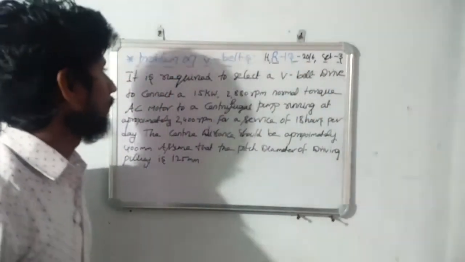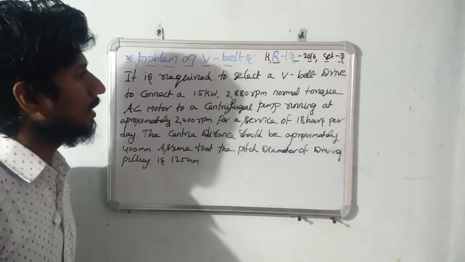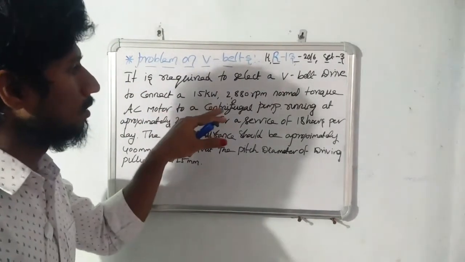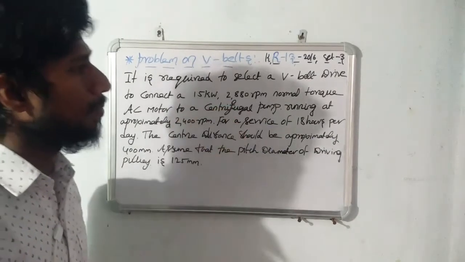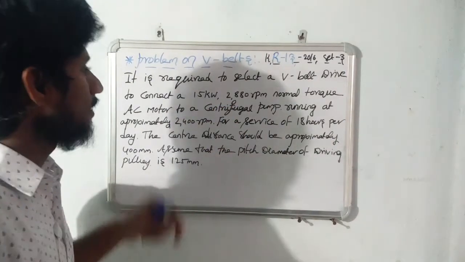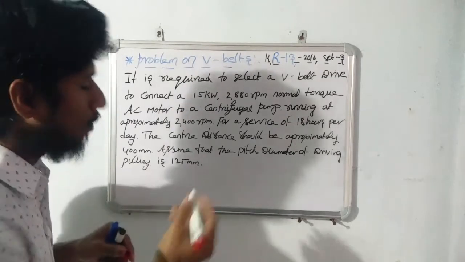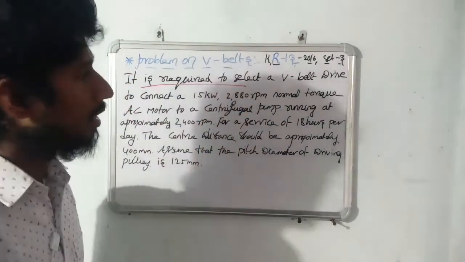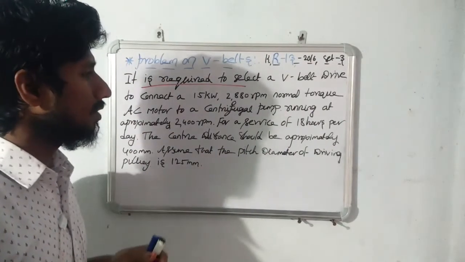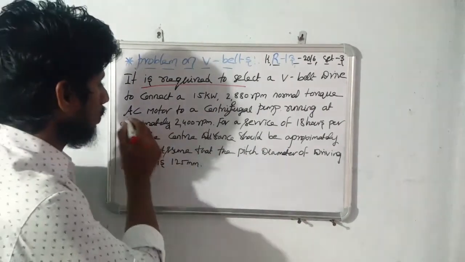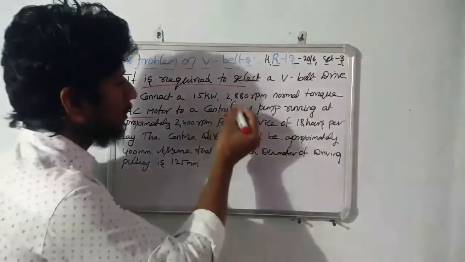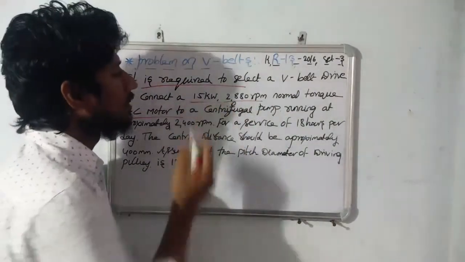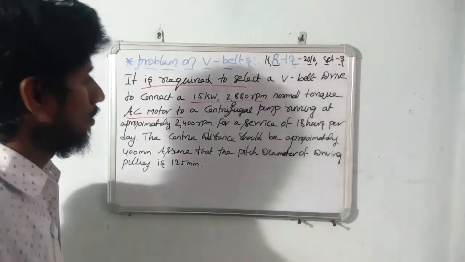Let's see the problem. It is required to select a V-belt drive to connect a 15 kilowatts, 2880 rpm normal torque AC motor. So here we are going to design a V-belt drive to connect the AC motor at the speed of 2880 rpm and 15 kilowatts power.